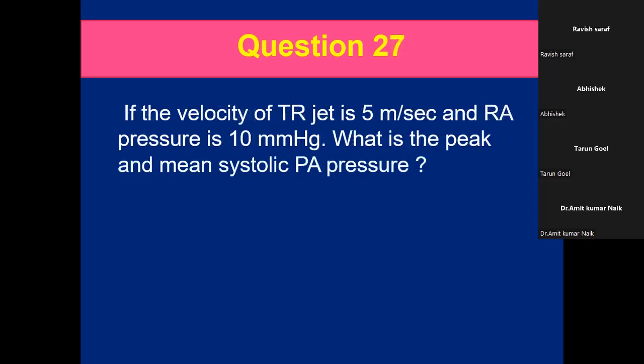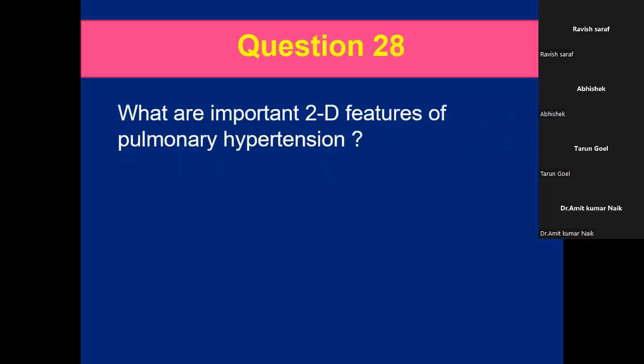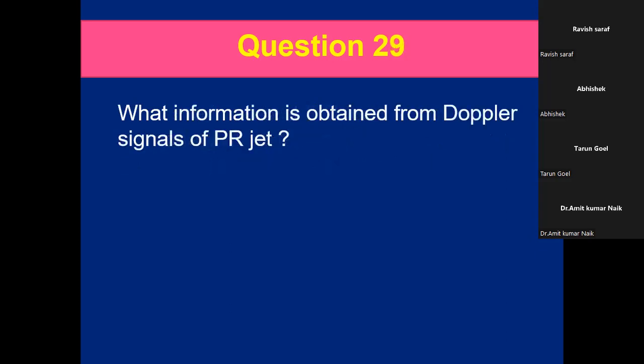The next question was from that only. Done. Nothing more than that. What information is obtained from Doppler signal of PR? Last question for you. From Doppler signal of PR, we can derive mean pulmonary artery pressure and diastolic pulmonary artery pressure as well. Perfect. God bless you.